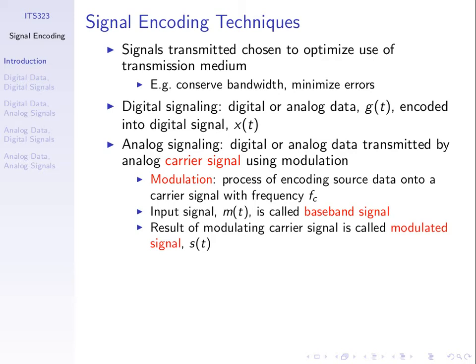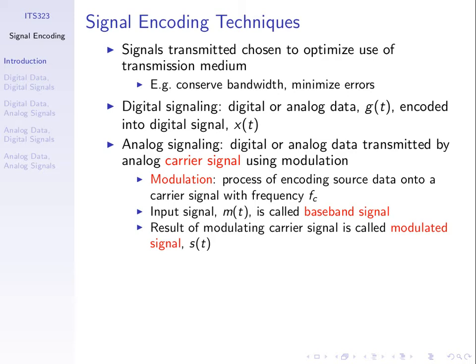In either case, whether we're transmitting an analog or a digital signal, the data can be analog or digital as well. So the information that I'm getting from A to B may be digital, like zeros and ones, text files, emails, any digital representation of our information, or it may be analog, some audio, some video, some sensor data.